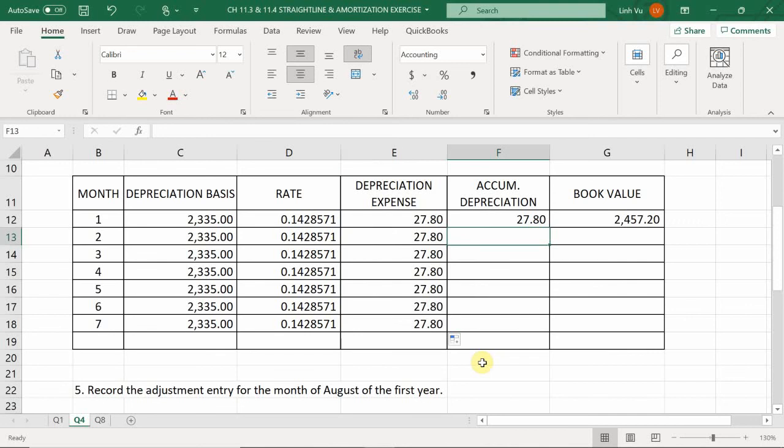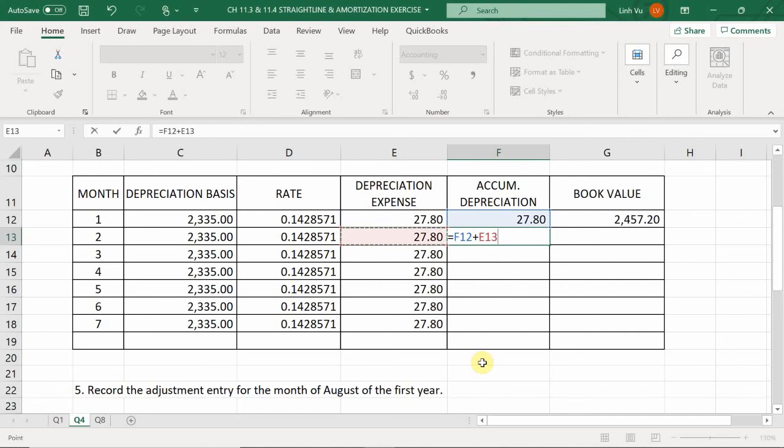So in this case, let's go ahead and solve for the accumulated depreciation. Okay, so what is the accumulated depreciation for the second month? So the 27.80 minus 27.80? Not minus, plus. Oh, plus.